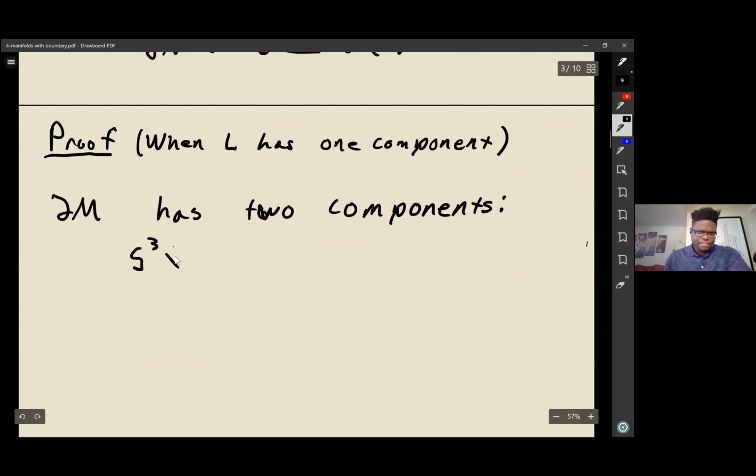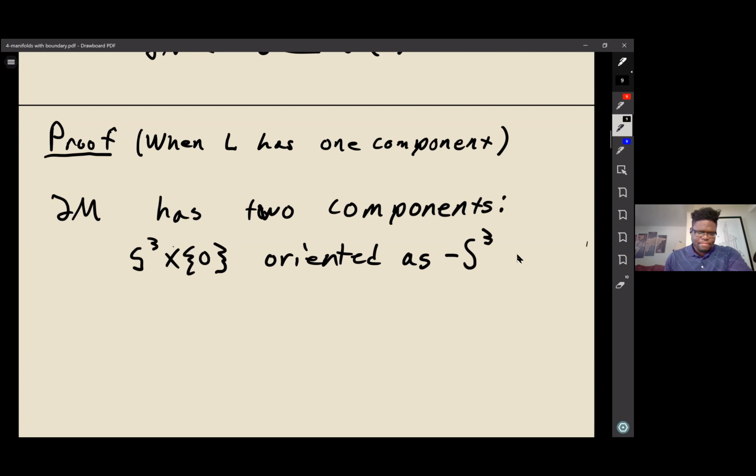There's S3 times 0, which is oriented by the manifold as minus S3, because we're just taking the product orientation, we're crossing it times an interval, so this end of the boundary is oriented negatively.